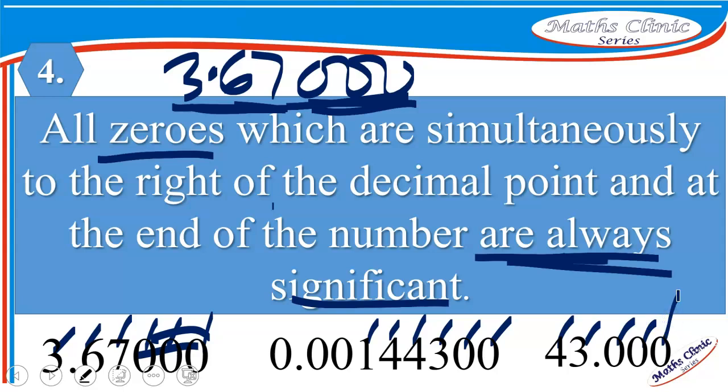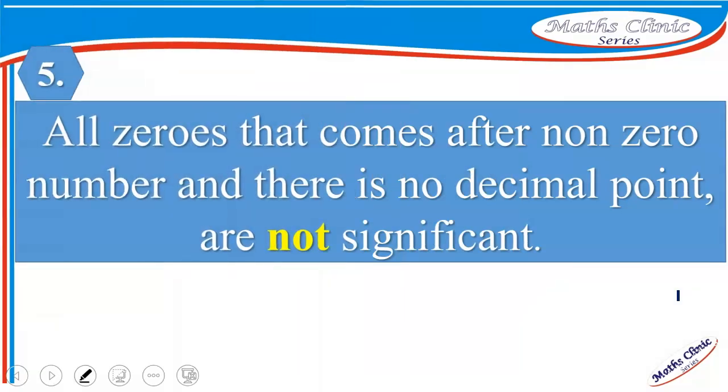Good. Now let's take point number 5. All zeros that come after a non-zero number, and there is no decimal point, are not significant. I gave you an example earlier. We see this one, 37,000.